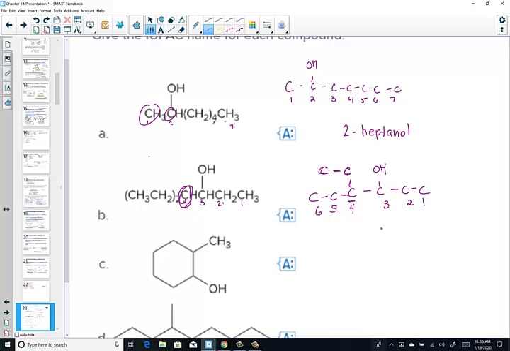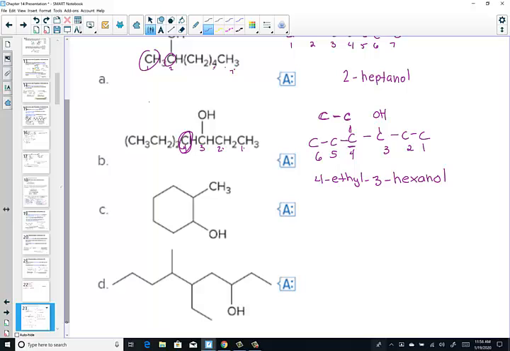So I can see the longest carbon chain coming at 6, and then at carbon 3, 1, 2, 3, 3 is the lowest number, so 3-hexanol. Coming off at carbon 4 is an ethyl group. So the longest chain became 6 carbons. Carbon 3 contained the alcohol. Carbon 4 had a branch of an ethyl substituent group.